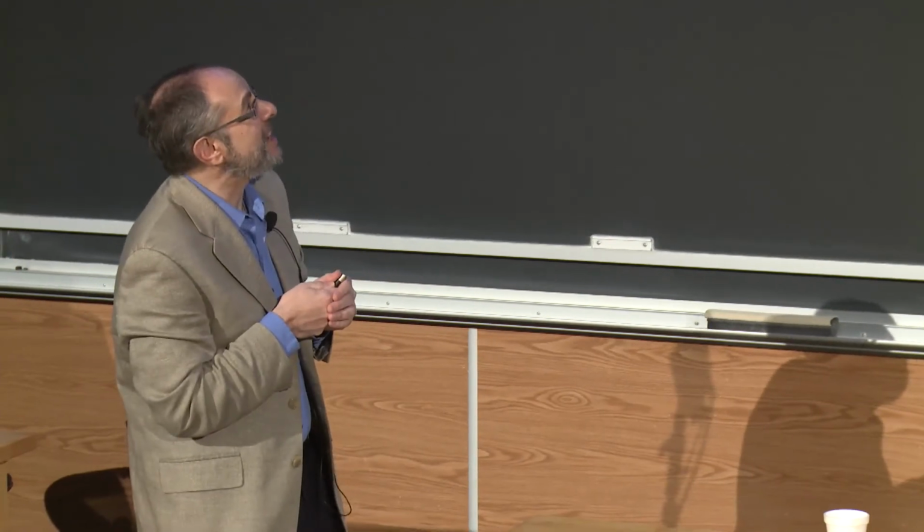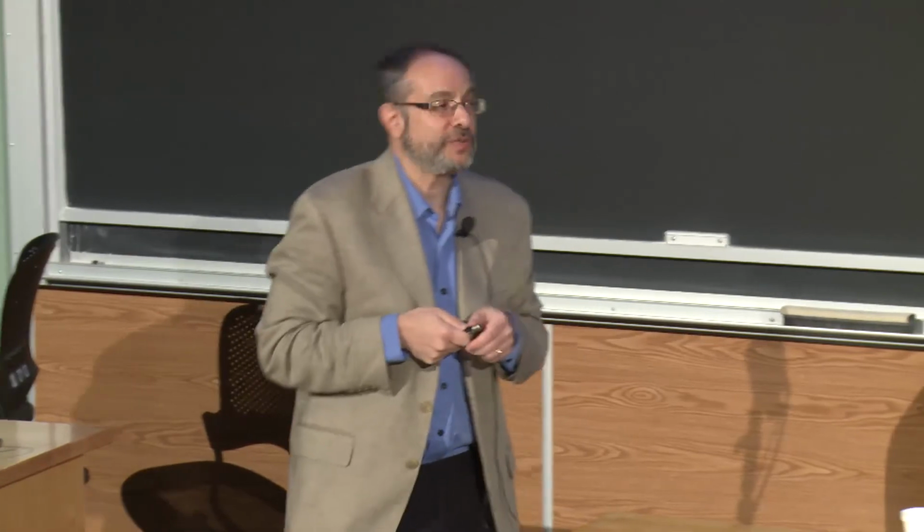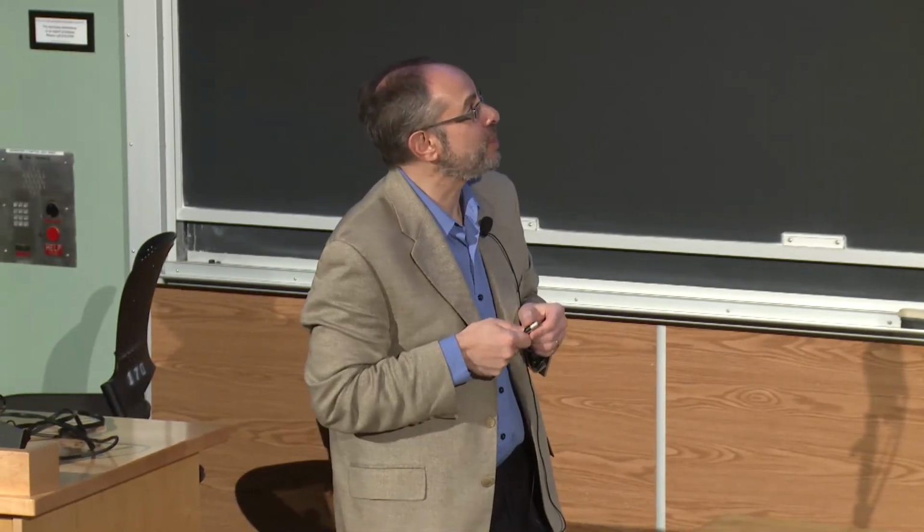Okay, so this is a diagram, with the scale much exaggerated, of the effect of the moon and its gravitational field on the Earth. So the idea is, this is the moon over here, and this is a whole bunch of parts of the Earth. Here's the center of the Earth, the surface of the Earth closest to the moon, the surface of the Earth furthest away from the moon, and this stuff on the side. Now, remember that the gravitational field of an object always points towards its center.